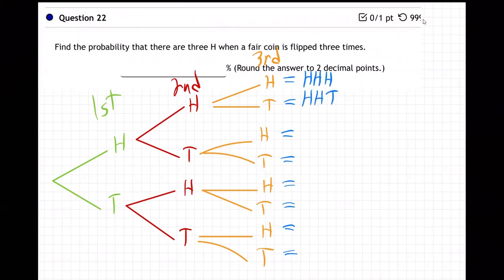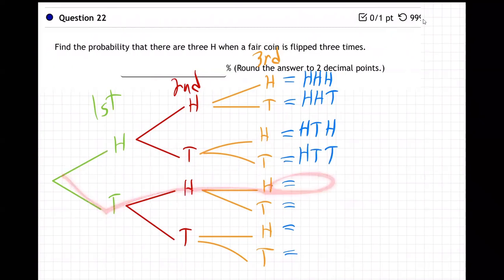I'm just following along. Keep going, head, tail, head. Goes right here. Next one, head, tail, tail. And then we come down here, tail, head, head.